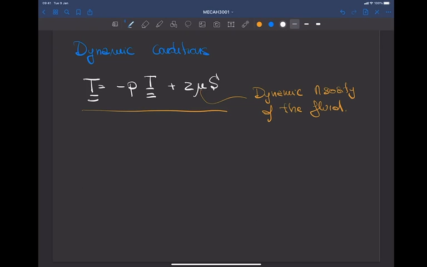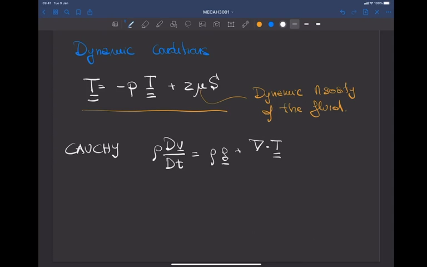stress tensor. Now we are able to actually rewrite our Cauchy equation. So that was this one. So Cauchy was rho dv over dt equal rho g plus divergence of T. We wrote it.